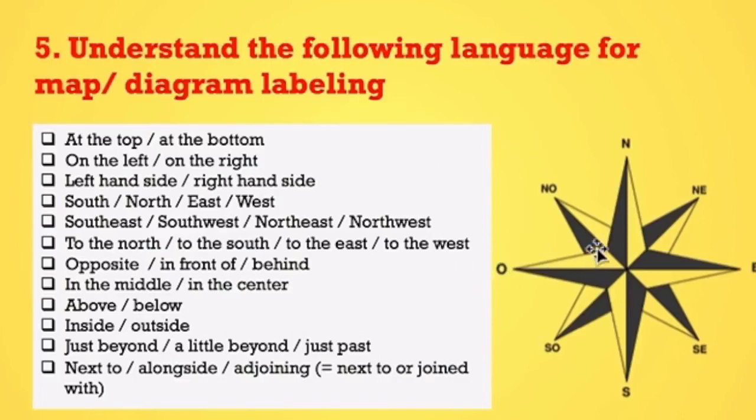Since this is more of a pictorial question, you need to understand what phrases like southeast, northeast mean, what in front of or in the middle of or beyond, a little beyond, just past, next, alongside. The meaning of all these phrases are of great importance in solving such questions. So just go through them once.